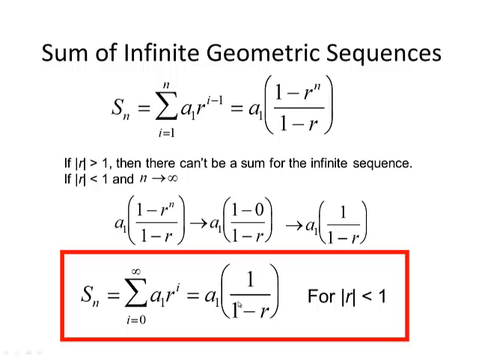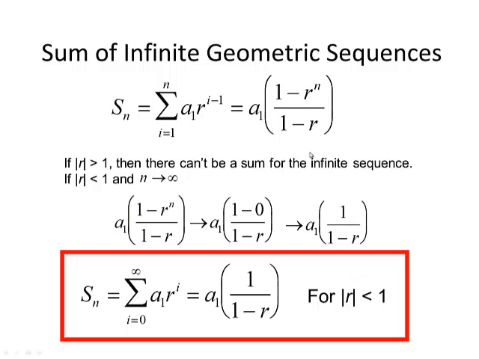So 1 over 1 minus r is going to give me my infinite sum. You notice that infinite sum is much simpler. There's no n involved because the n doesn't show up here. If there's an n up here, then you have to put an n up here. And it's going to get so big that it's going to make this go to 0. So we're going to have 1 minus 0, and we don't write that.